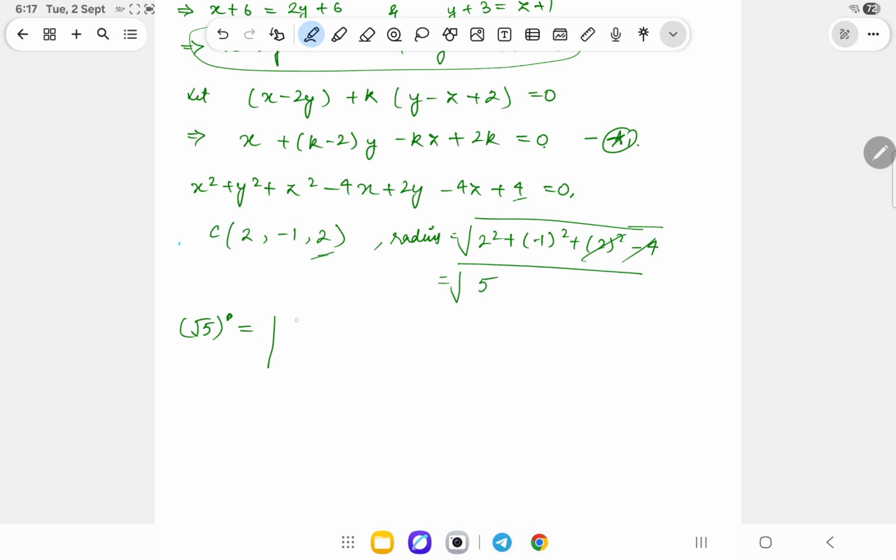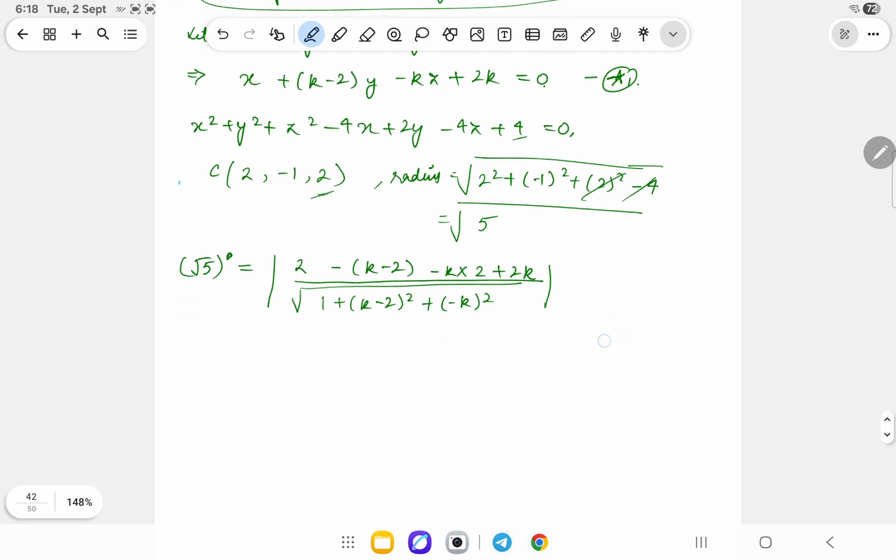So that is basically 2 minus 1 into k minus 2 minus k into 2 plus 2k divided by under root 1 plus k minus 2 square plus minus k square. So we can just solve it to get value of k. So we can take square of both sides.